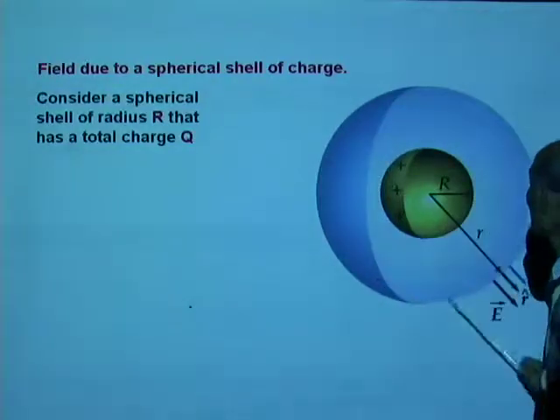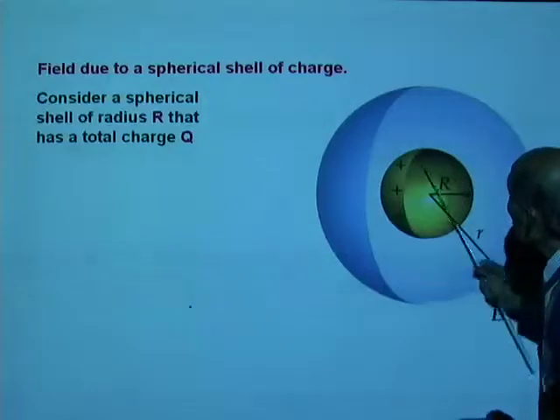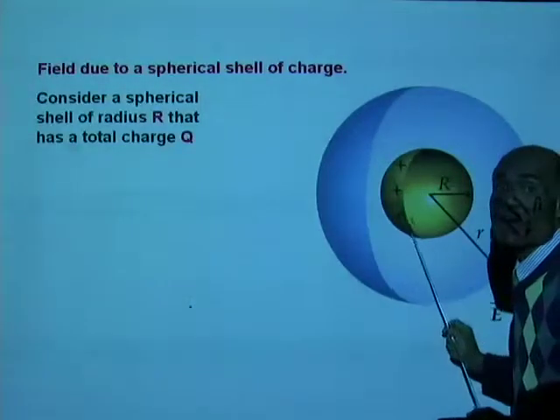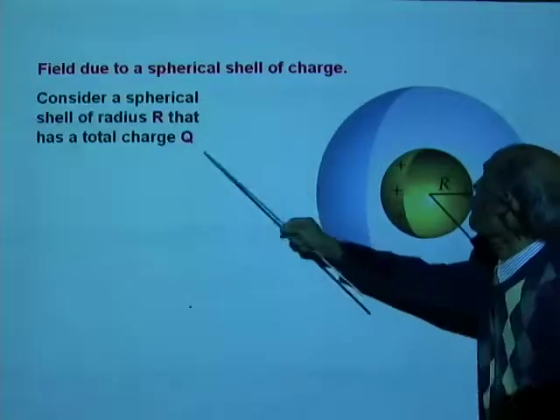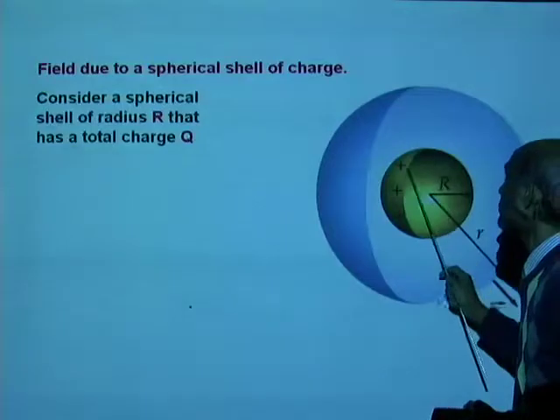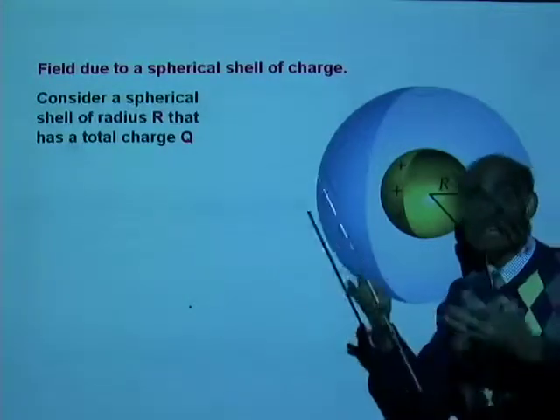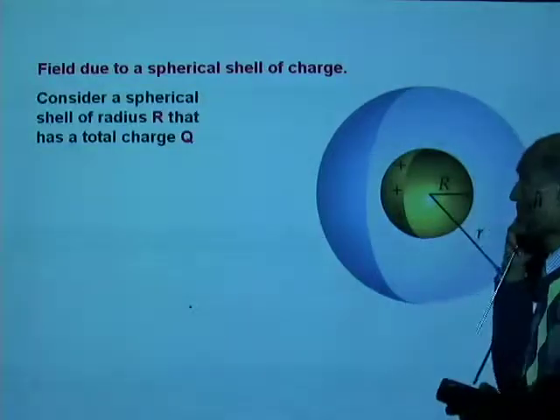The spherical shell is the yellow colored one, and it carries a charge positive q. The radius of the shell is r. You can see inside the shell it is hollow, and that's why it's called a shell.